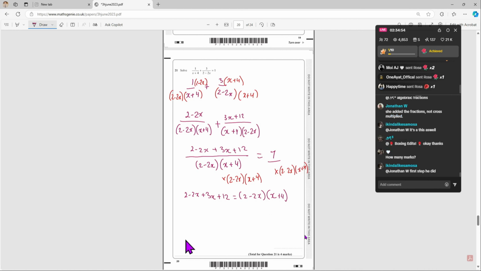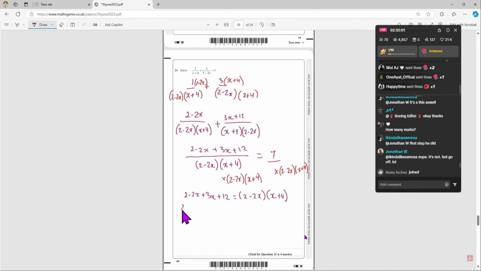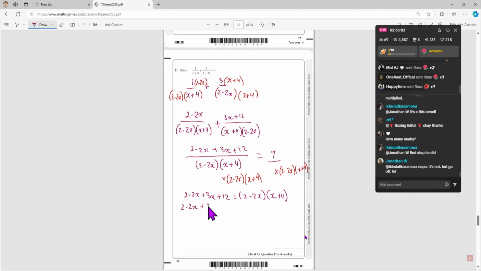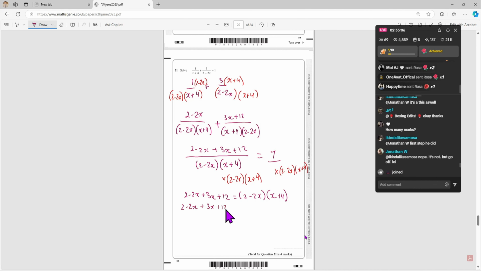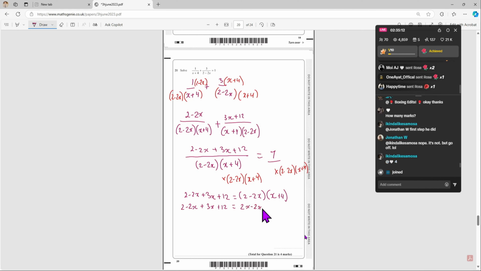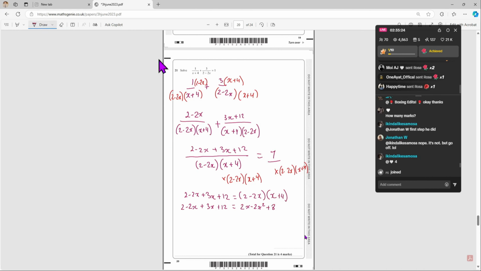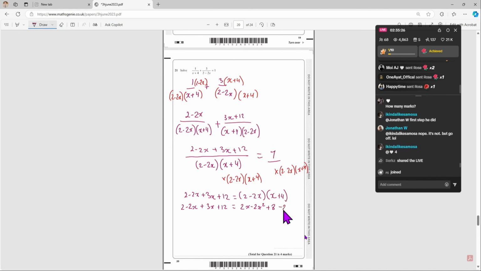The next thing we have to do is expand this double bracket. Leave the left-hand side the same, and the right is equal to 2x minus 2x squared plus 8 plus 8x minus 8x.